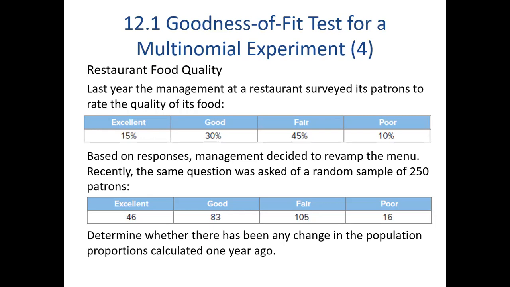Recently, the same question was asked of a random sample of 250 patrons, and they got the following ratings. 46 people said the food was excellent, 88 said it was good, 105 said fair, and 16 said poor. Determine whether there has been any change in the population proportions calculated 1 year ago.